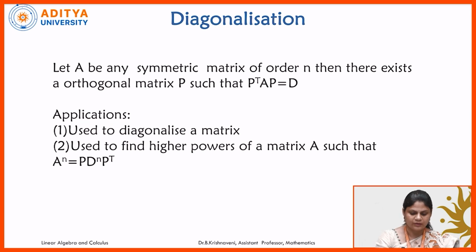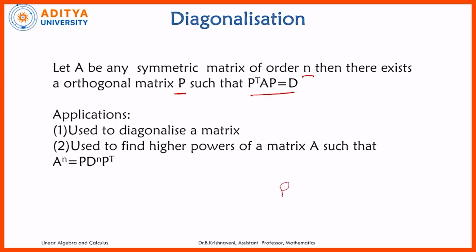Now we will see the diagonalization process here. Let A be a symmetric matrix of order n, then there exists an orthogonal matrix P such that P transpose AP is equal to D. We know that in diagonalization we do P inverse AP, which gives a diagonal matrix. But here we are using P transpose in place of P inverse.